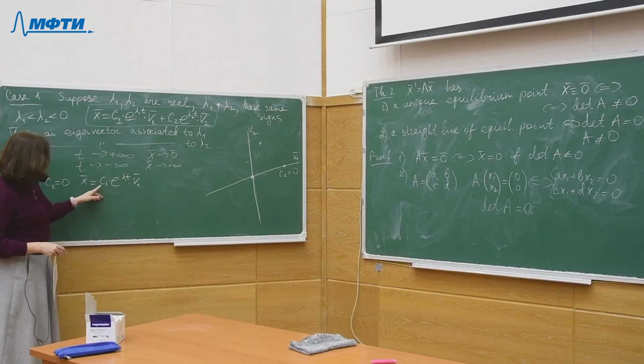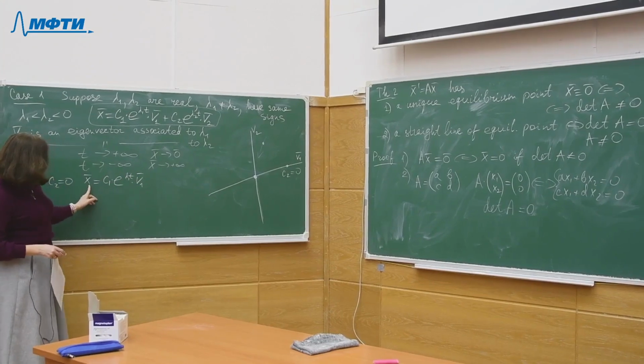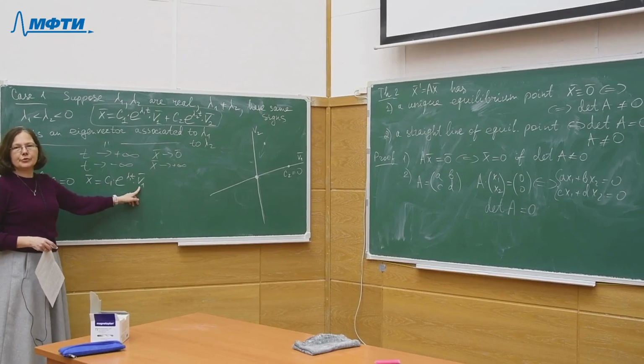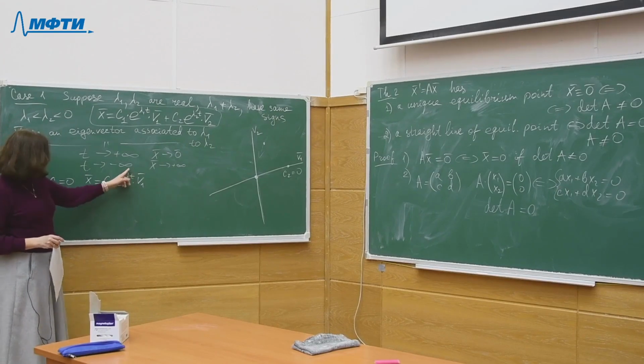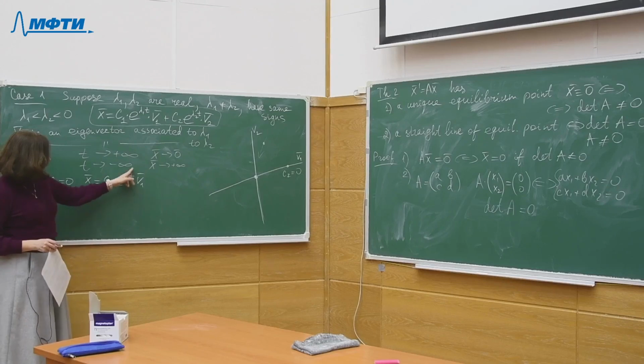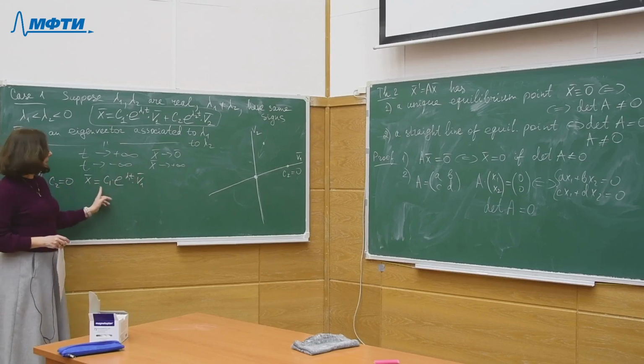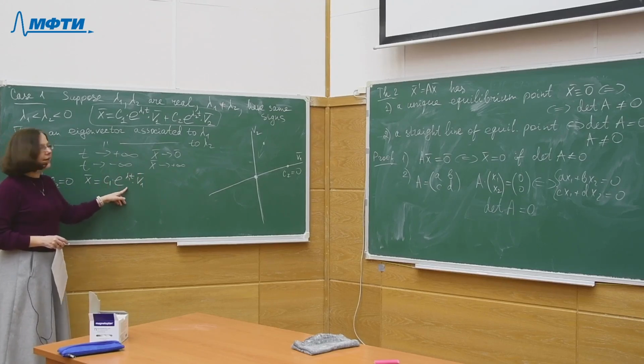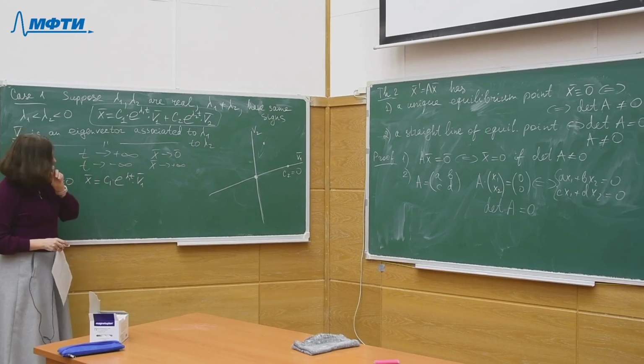And we can see that for any value of t, we get a vector which is proportional to V1. So V1 is multiplied by some coefficient that approaches 0 as t approaches infinity, right?